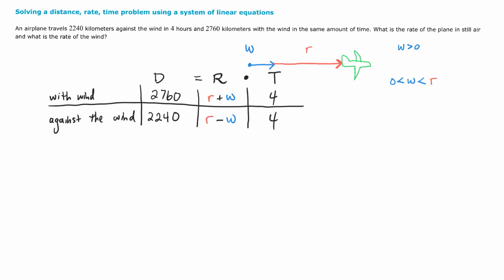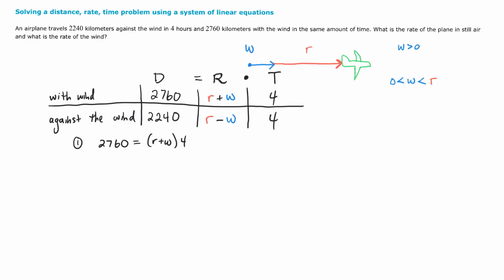We could number our equations. Equation 1 could be 2,760 is equal to R plus W times 4.